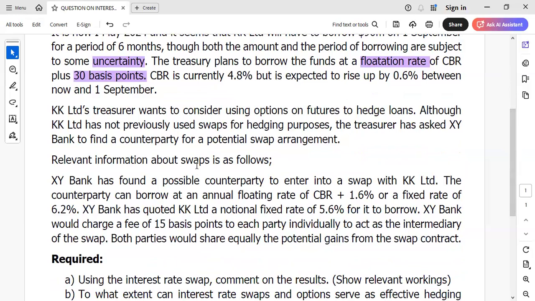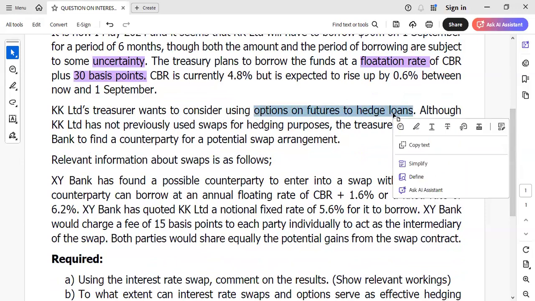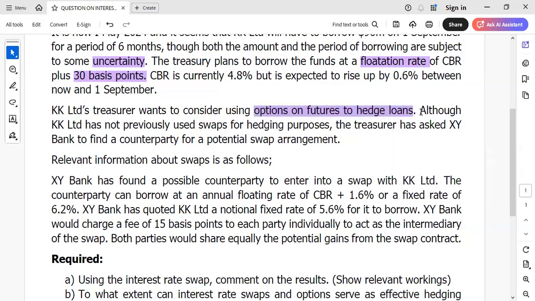Relevant information about swaps is as follows. KK Limited's treasurer wants to consider using options on futures to hedge loans.